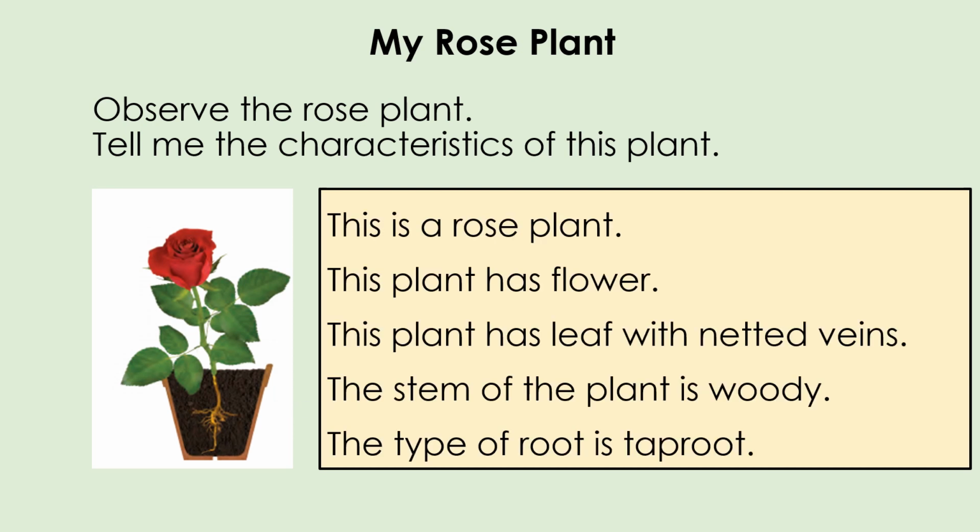You can write like this. This is a rose plant. This plant has flower. This plant has leaf with netted veins. The stem of the plant is woody. The type of root is taproot.